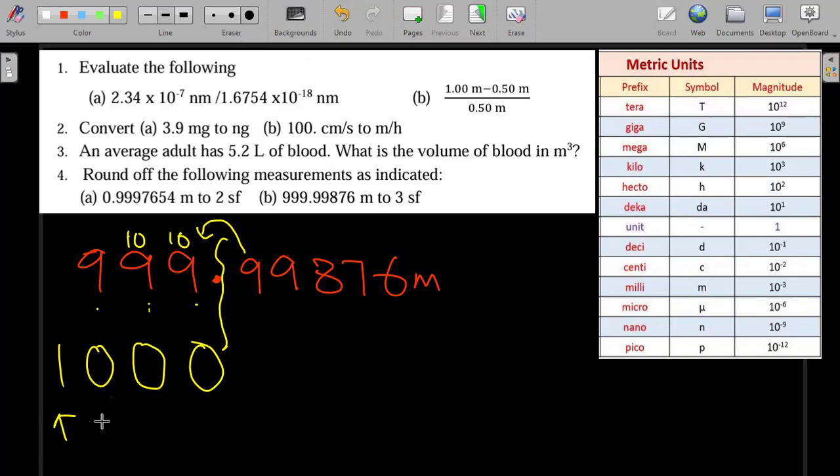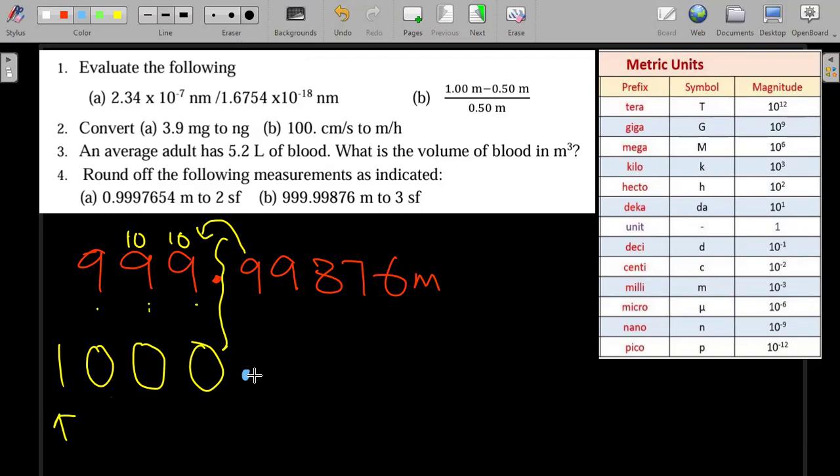So we can actually express this number in scientific form, or we can just manipulate it in another way. But the simplest here is scientific form. So when I write 1000 like this, it means here at the end I have the decimal point. So I can use this decimal point to make this number have three significant figures.